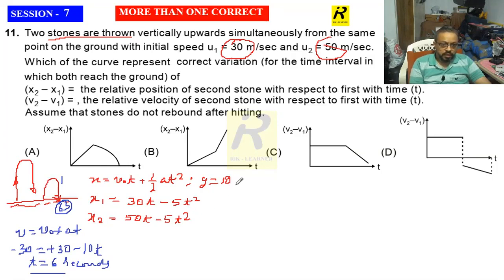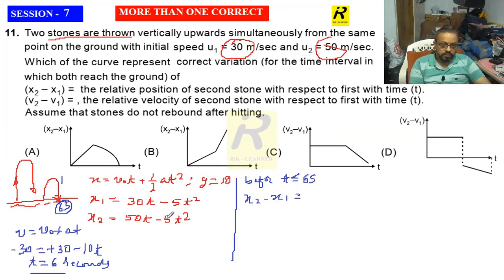For that, I suggest you make the calculation like this. Before t is equal to or less than 6 seconds, you can use the equation for the relative position, x2 minus x1.